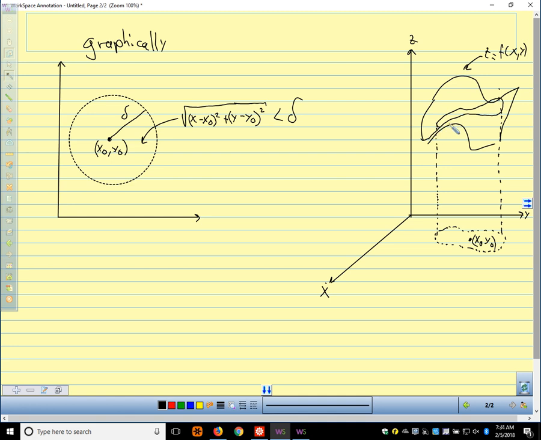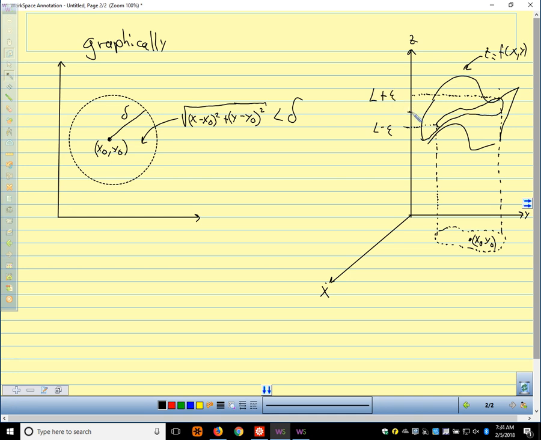The minimum height of this shape on the surface is L minus epsilon. The maximum height here is L plus epsilon.